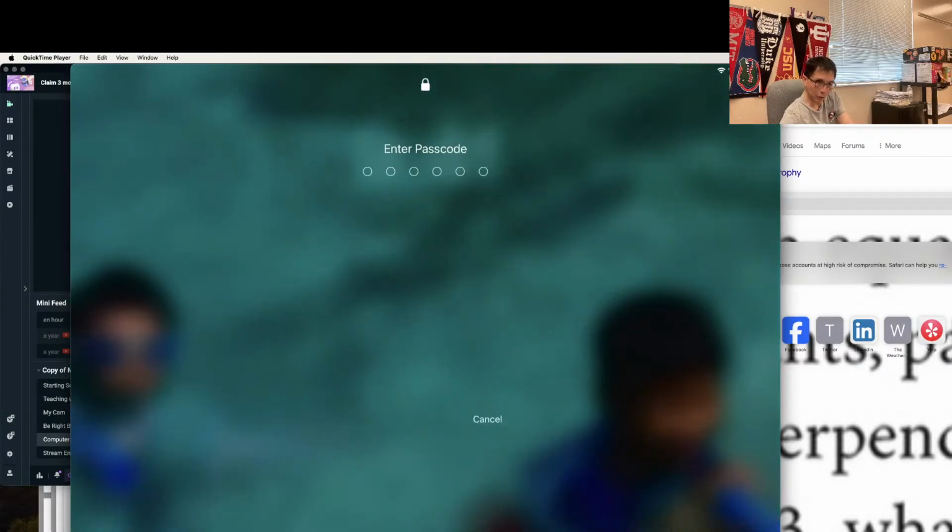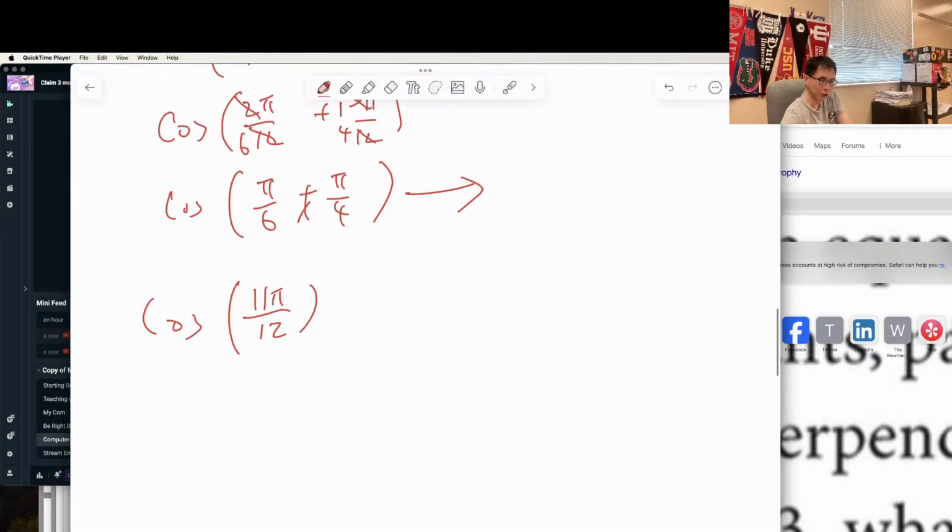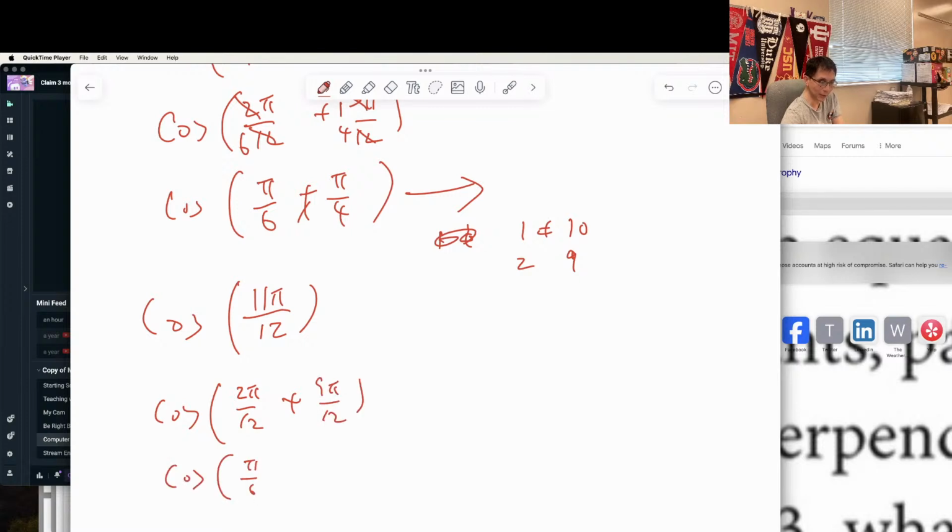Okay, let's finish this problem. I know that a combination for 11 can be 1 and 10, right? That gives me 11, but the problem is pi over 12 is not on the unit circle. So 2 and 9 work, because cosine of 2 pi over 12 plus 9 pi over 12 equals cosine of pi over 6 plus 3 pi over 4.